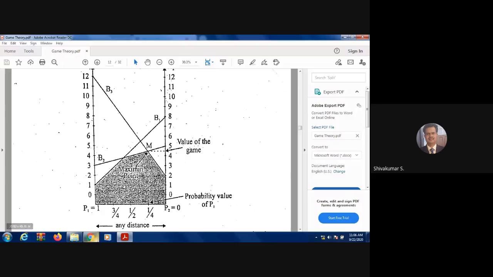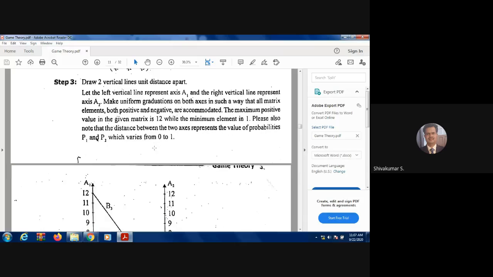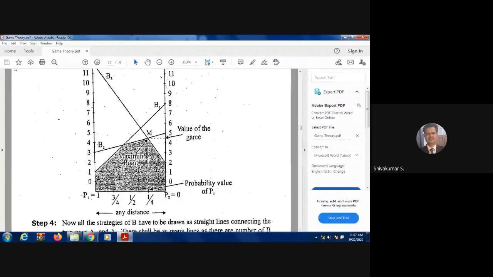Right now they have directly taken the graphs. Draw 2 vertical lines. Let the left vertical line represent x1, A1, and the right A2. Make uniform values on both axes and ensure that all matrix elements, both positive and negative, are accommodated. The maximum positive value is 12, the minimum is 1. So they made the axes 0 to 12.